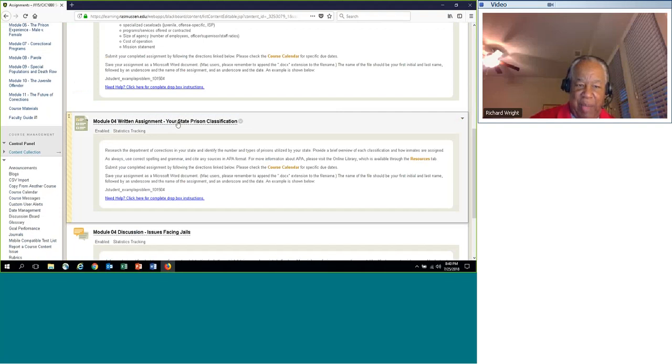So your written assignment, research Department of Corrections in your state. What types of prisons do you have? Provide a brief overview of how each of these are done. Now, in the rubric, I specify what that means in terms of length of assignment.